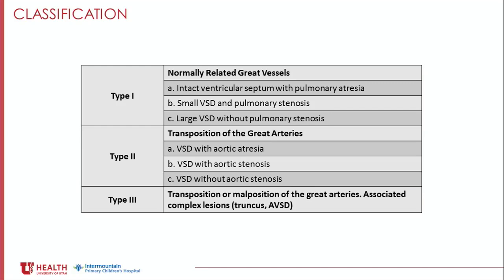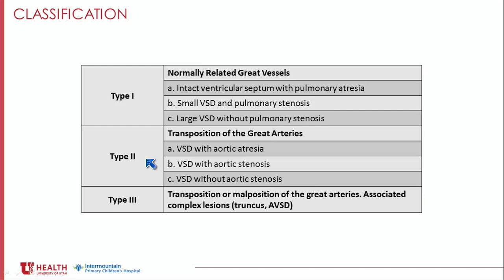But if you have a big VSD, usually that means that there's normal growth of the pulmonary artery, and those patients sometimes do pretty well and don't require surgery immediately after birth. They may even be balanced. And so it's funny talking to families about, well, there's a large VSD, but that's really good in this situation, because normally you're thinking if there's a hole, that's always bad. Not so with single ventricles.